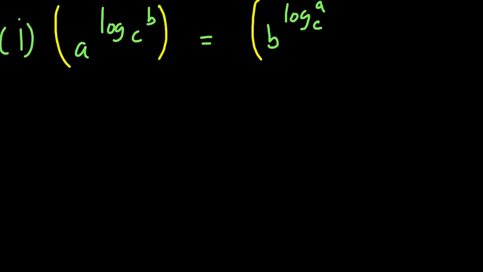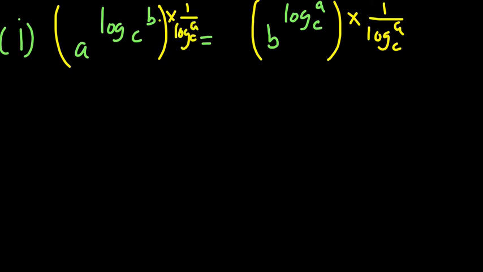So the way you can solve this problem is, since log c b is a power, just as any power, here you can simply multiply this power by log c a, which means what you do on the right side of the equation, you just do it on the left side of the equation. So of course this and this cancel out, so we have 1 on the right side of the equation.